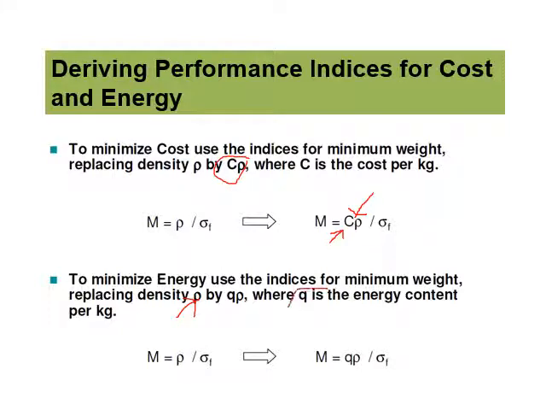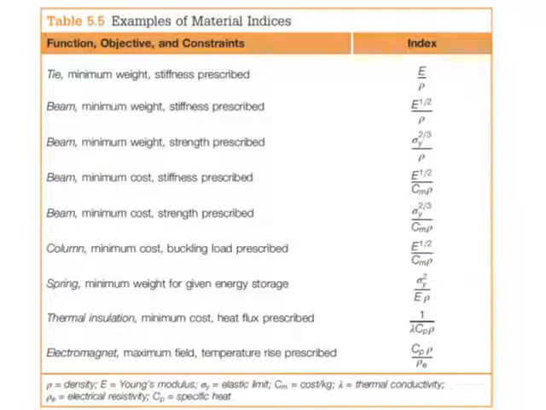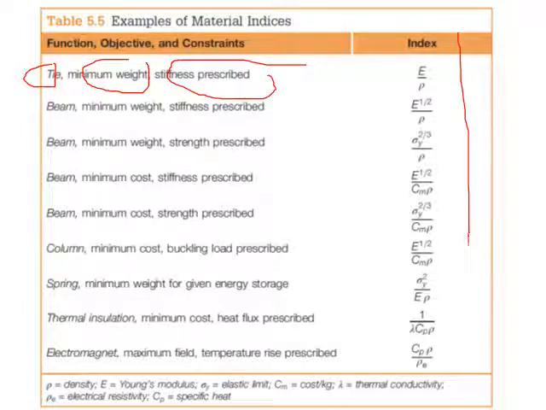Q is the energy content per kilogram. Table 5.5 over here is an example of material indices for different functions, objectives, and constraints. So you can relate it all in this table.